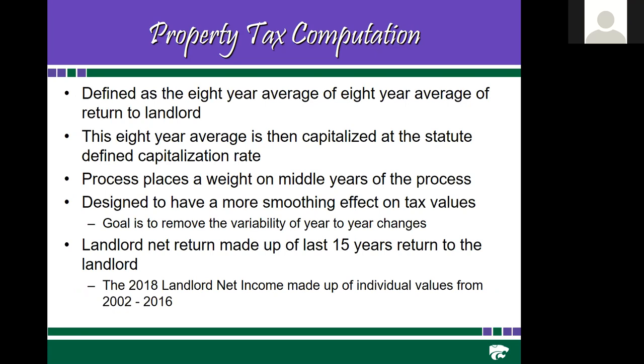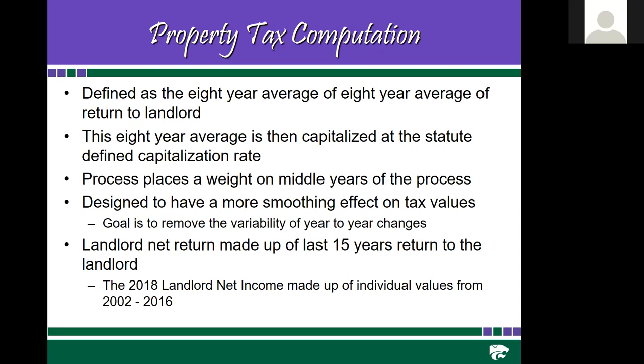But the key thing, I think, that's very important and maybe helps explain why we're in this paradox right now is that the process places a weight on the middle years of the process. Right now we're looking at individual values that make up the 2018 numbers that came out recently.